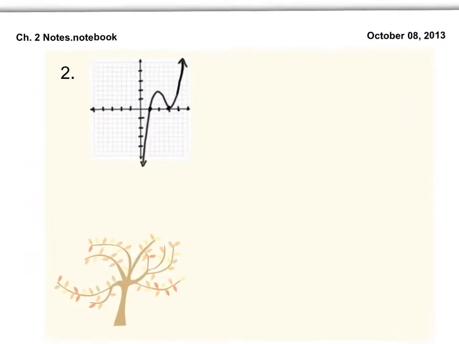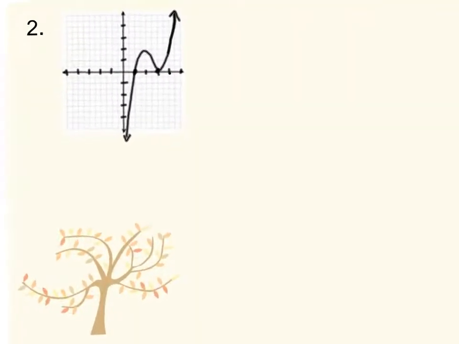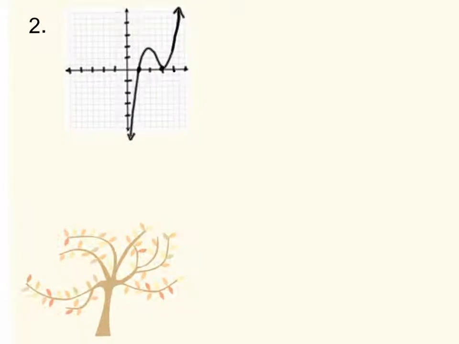Okay, here's another example. Pretty similar problem here, but notice I no longer have a quadratic. Rather, I have a cubic. This is degree 3. And just as a review of the behavior of the graphs, what gives away that it's a cubic is those tails going off in opposite directions.